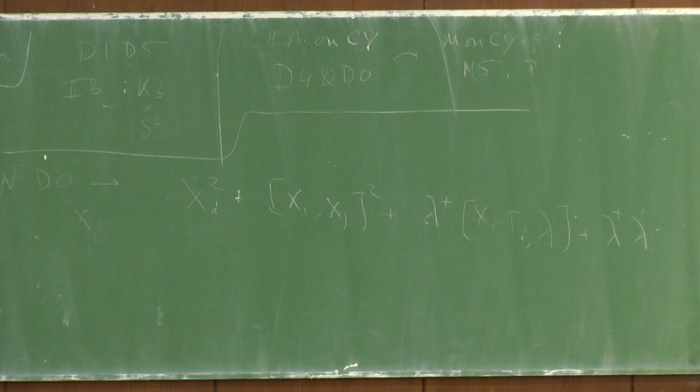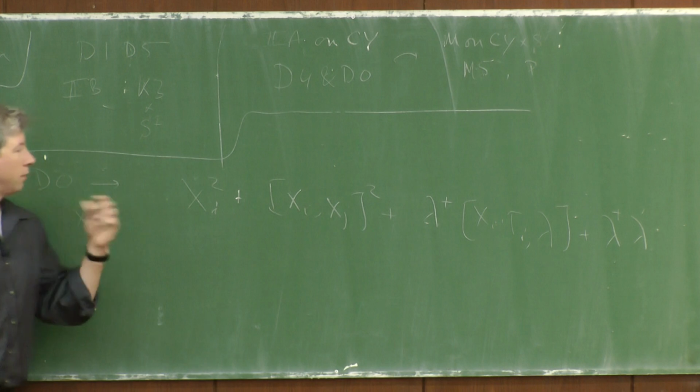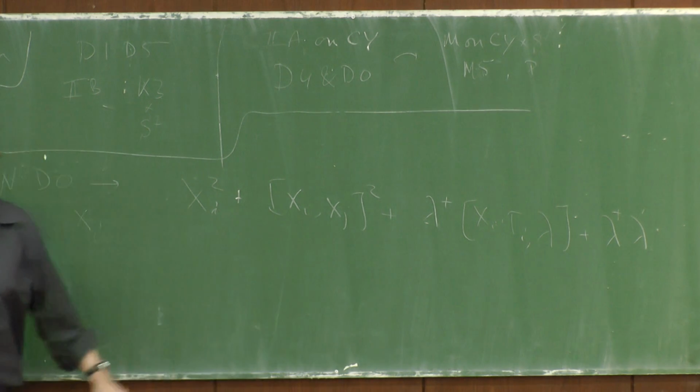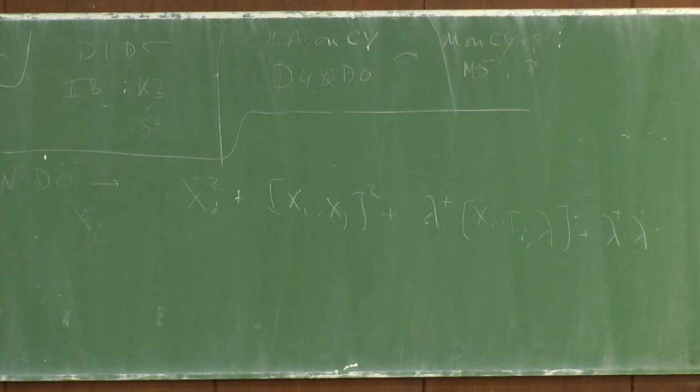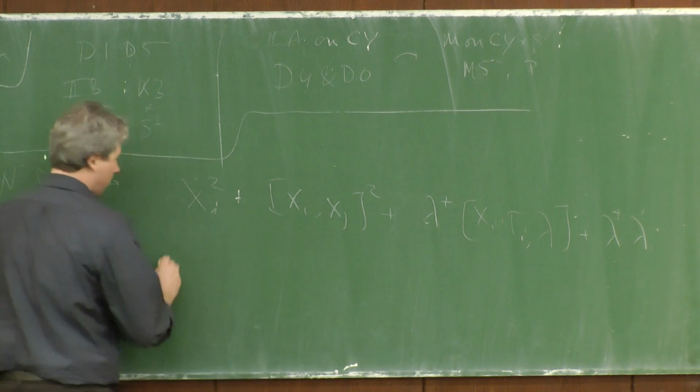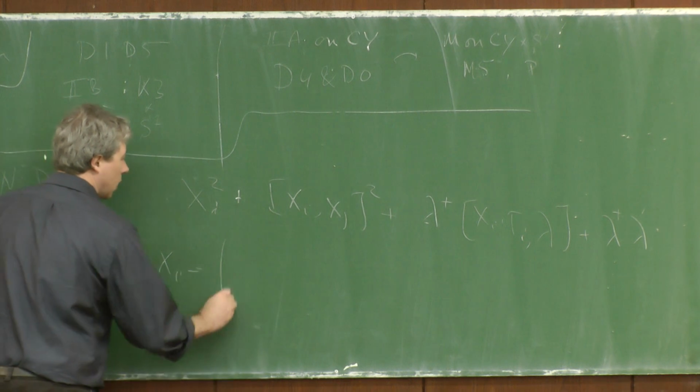Now what is important here is that what I'm describing you can think about as the low energy description of the open strings that stretch between the D0 branes. So D0 branes are n of them, and then these are matrices which are n by n.